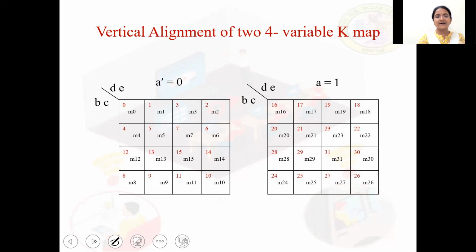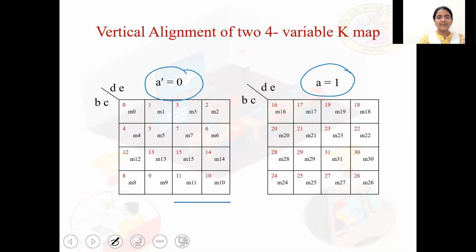Whenever we consider two separate 4 variable key maps, A bar equals 0 for the first half of the key map, and for the next half we consider A equals 1.